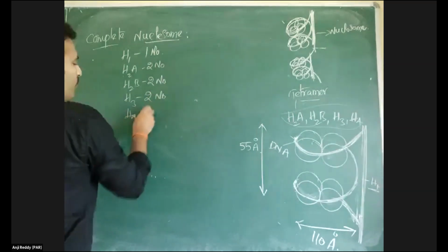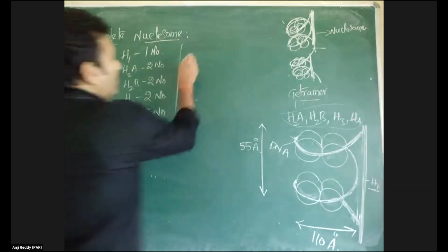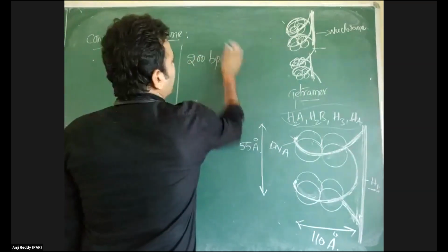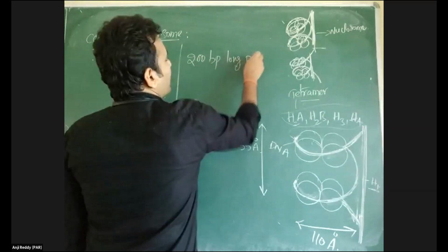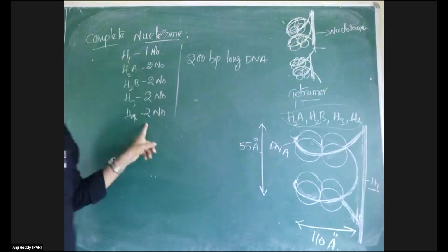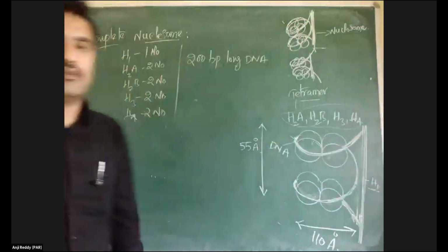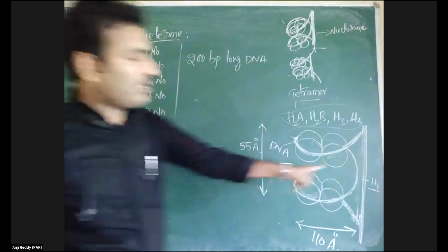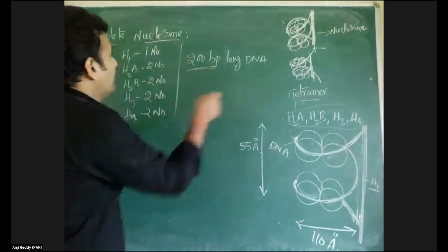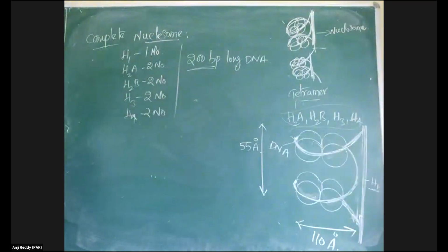H4 proteins are present 2 numbers, and totally 200 base pairs long DNA is wrapping around these 9 histone proteins, of 2 tetramers and 1 H1 linker protein. Linker DNA has 54. This is the total nucleosome structure.